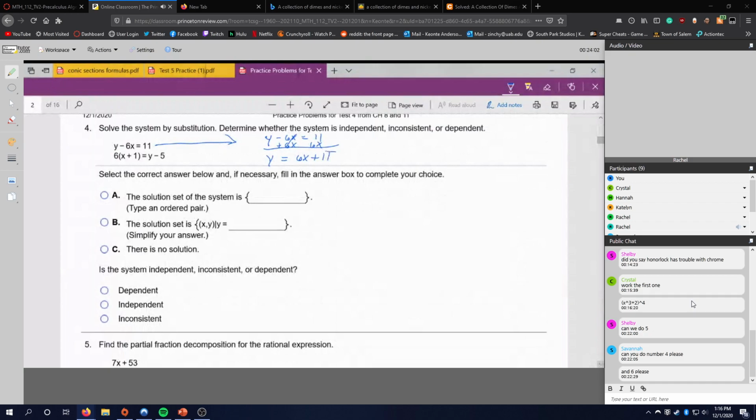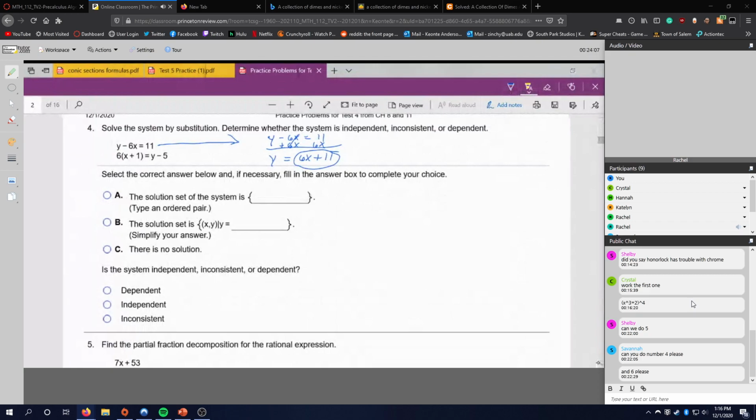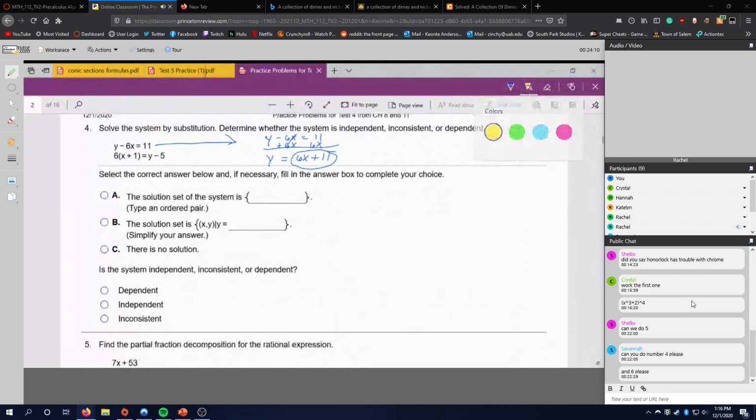Now, I know what Y equals, so what I'm going to do is substitute that. It won't let me show, but I need to substitute the Y equals 6X plus 11 into the Y right here.